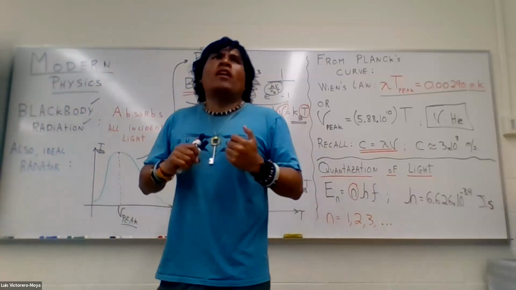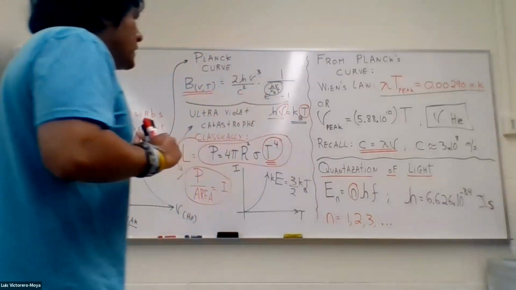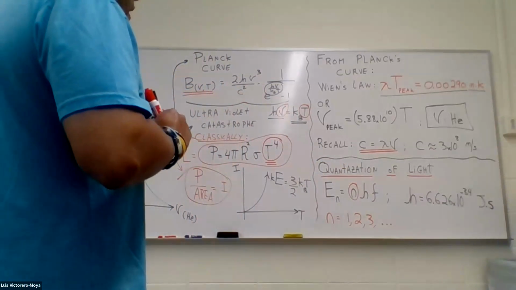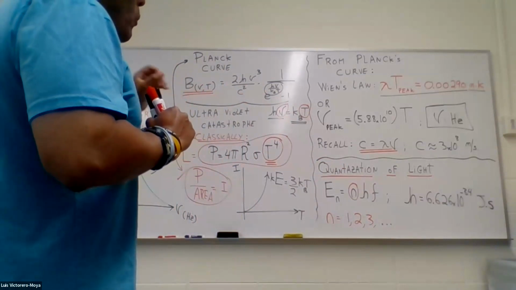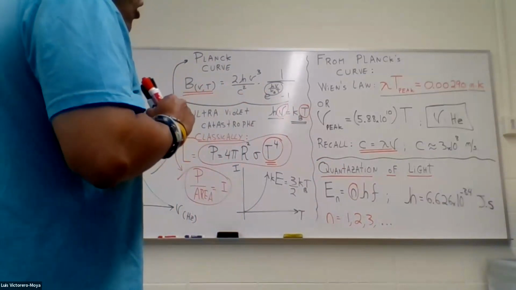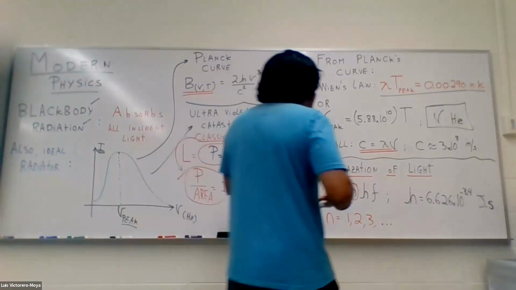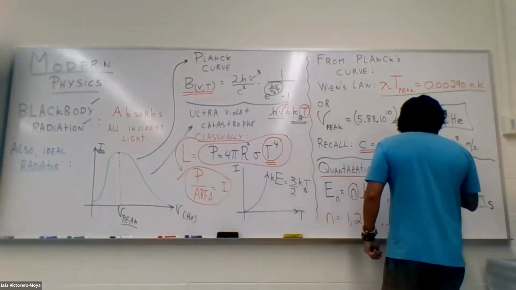The quantization of light is the idea that the energy of light comes in small bundles or small packets of light that we call photons. So here is where the whole idea of photons comes from.